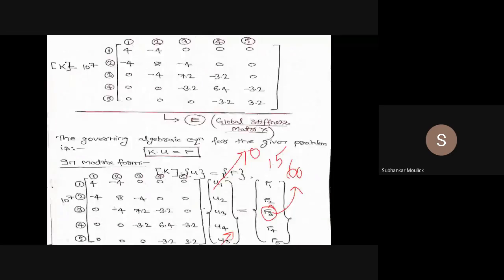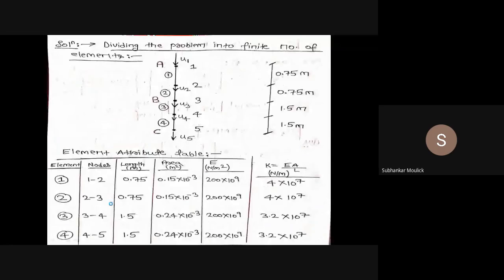But in the problem it has been told to you that you need to compute the stress present in AB and BC. I know that AB comprises element 1 and element 2, and BC comprises element 3 and element 4.